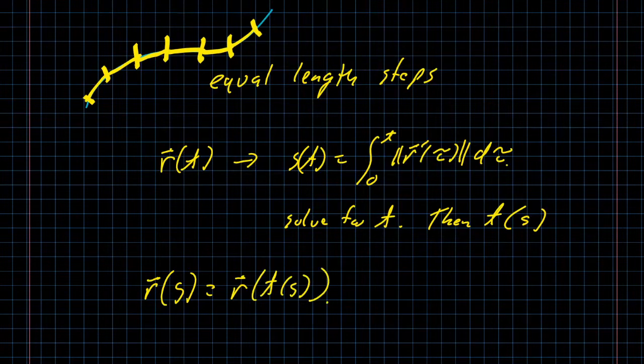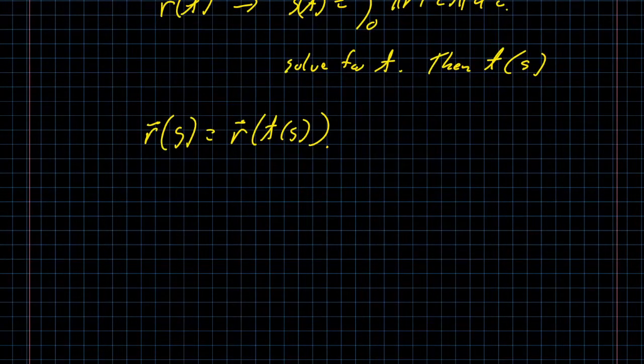And if you can evaluate r of t of s, then you have r as a function of s. And that is the arc length parameterization. Each step in s will be an equal arc length. Sometimes doing that is very straightforward.